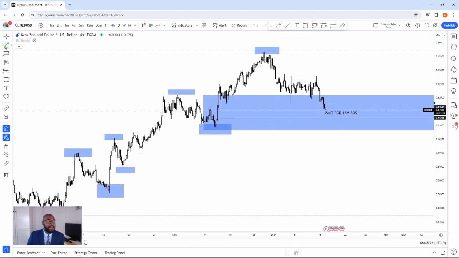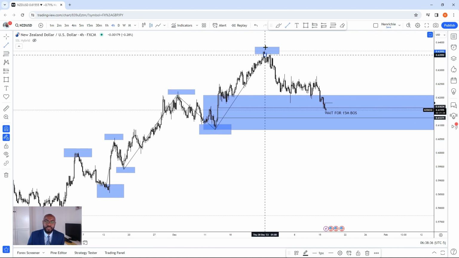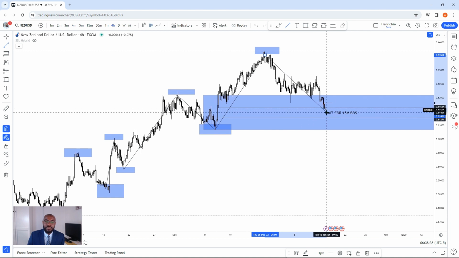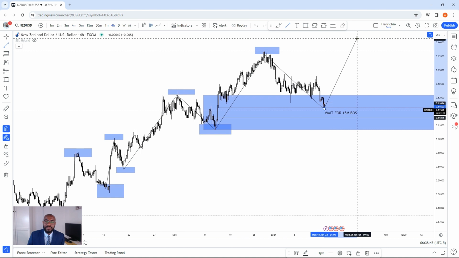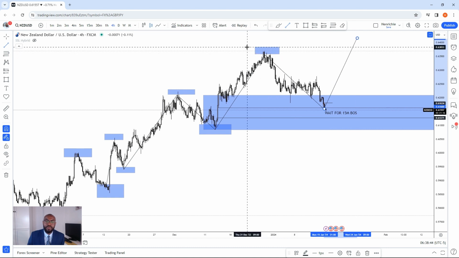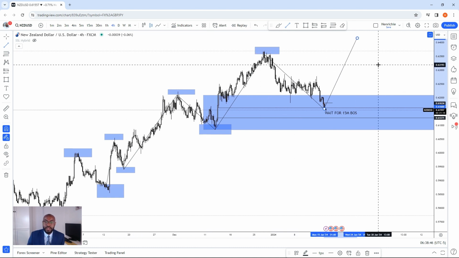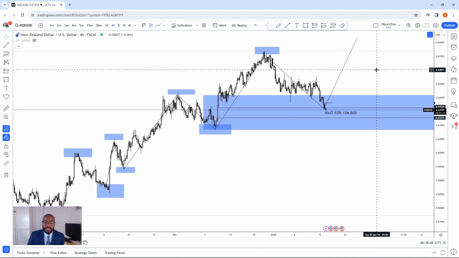So you can see the same phases in the market that I talked about: expansion, retracement, expansion, retracement, expansion, potential retracement, and as long as we remain bullish, I'd like to see another expansion running this buy side liquidity.